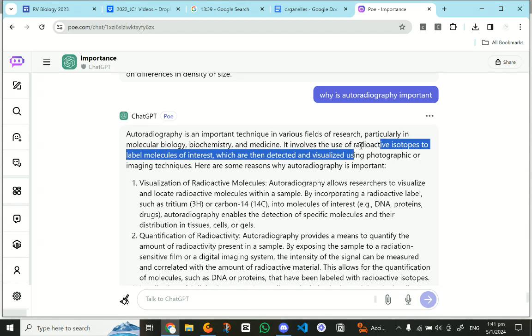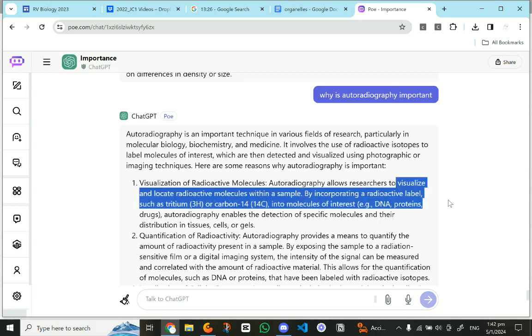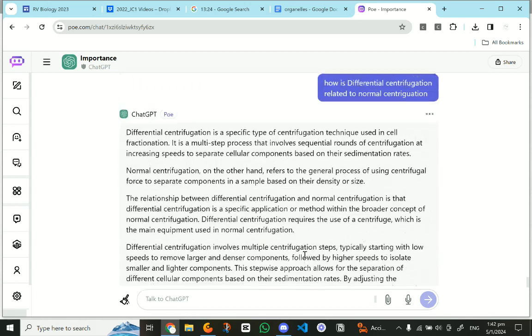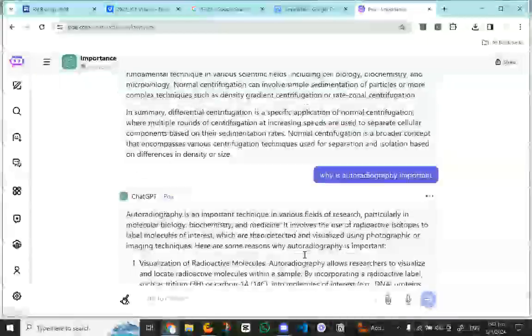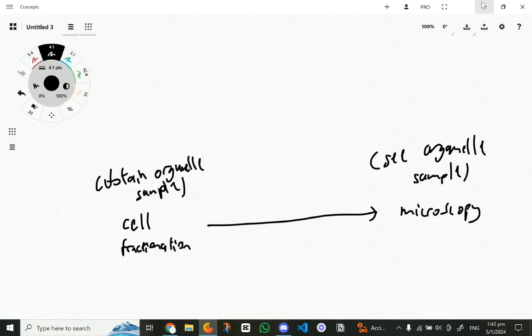And this keyword comes out again later on. So it's to visualize this. Okay. Then I'm curious, how is this different from microscopy? Because microscopy also has the intention to see stuff.